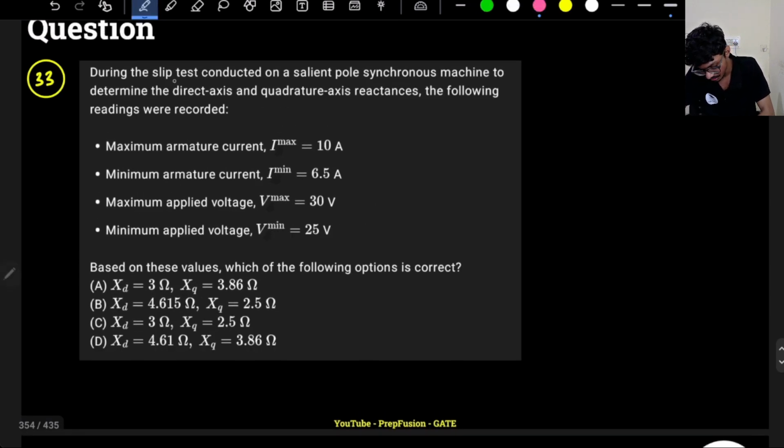During a slip test conducted on a salient pole synchronous machine, for the direct axis and quadrature axis reactance, the following readings were recorded: maximum current, minimum current, maximum applied voltage, minimum applied voltage.